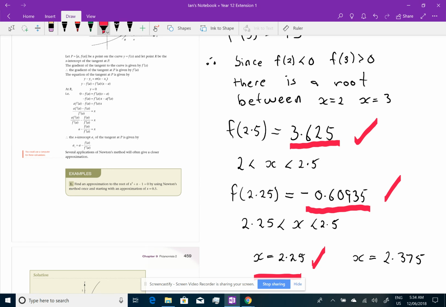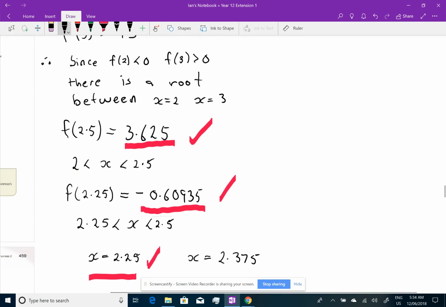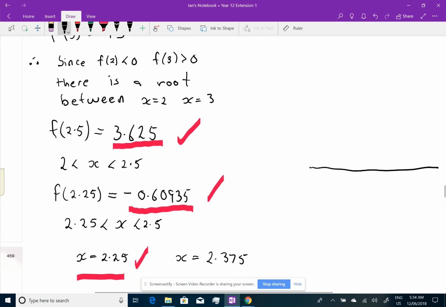Remember, you could get something. Now let's assume this is not true. So imagine this. Here's 2.25, and here's 2.5. And we know 2.25 is negative, so it's negative 0.6, and this one is negative 0.3, so it's a lot further.